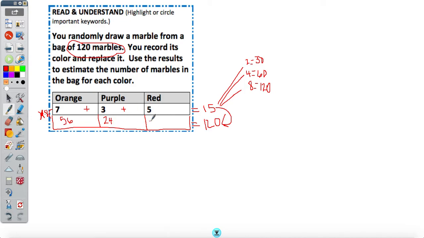And 5 times 8 is 40. So using our experiment results, we are able to then use the ratio to get an estimate for each color that is reasonable based on our results from our experiment.